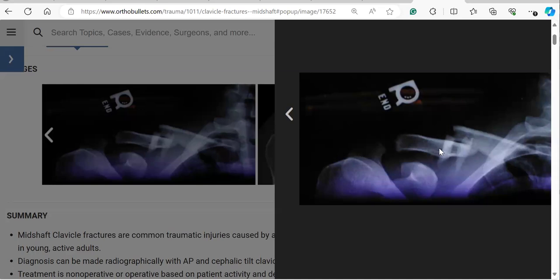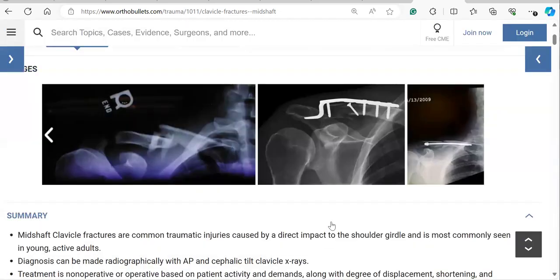So for middle shaft fracture, most of the time your answer will be just sling. Unless it is like this, in those cases we go for reduction. Okay? And definitely any open fracture will need open reduction and internal fixation. And for clavicle fracture, skin tenting and neurovascular injury will need open reduction as well.